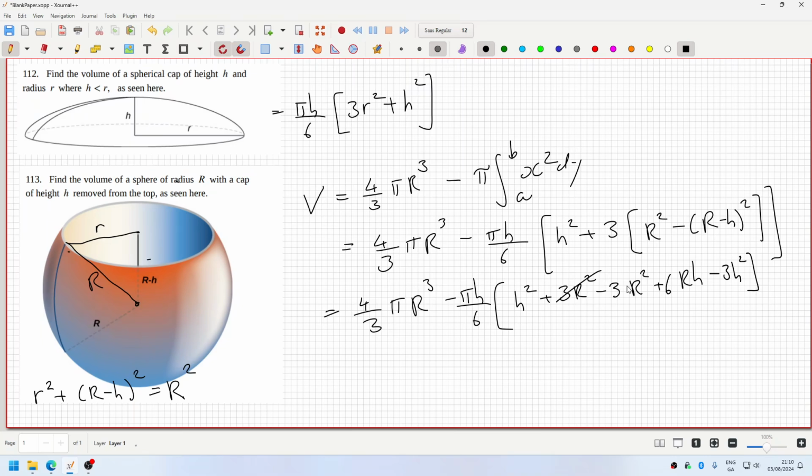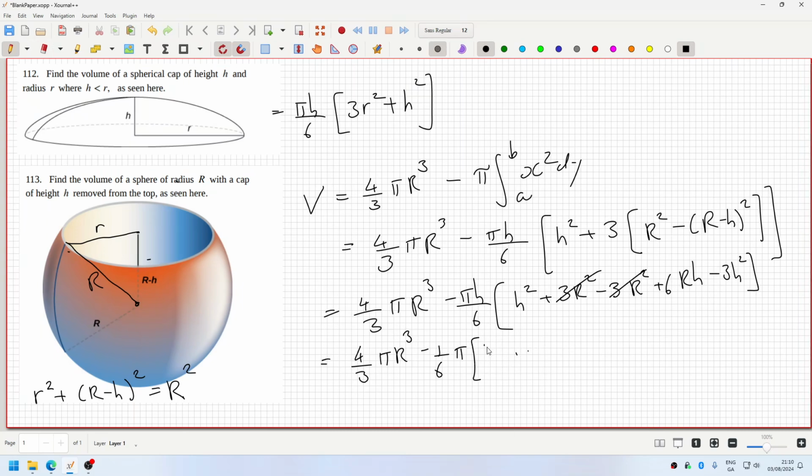So they cancel. So that would be 4/3 pi r cubed minus 1/6 pi, and maybe I should multiply the h in. h cubed plus 6rh, oh actually, hang on. h squared minus, oh no, they don't go together.